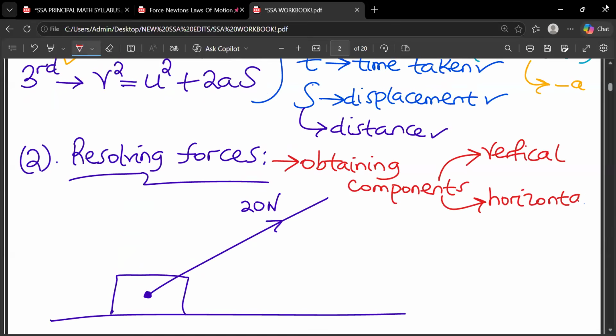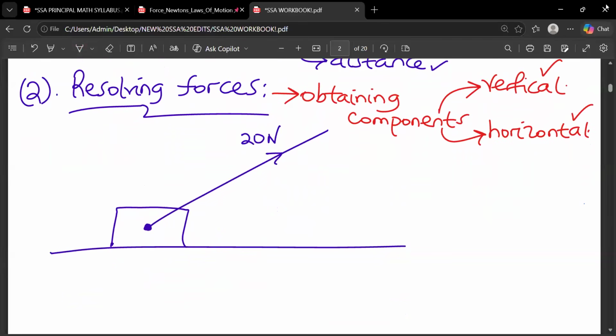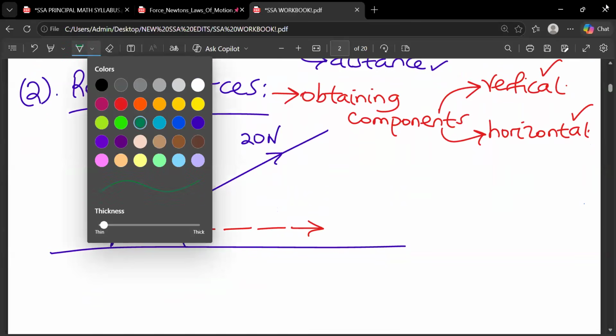That's what they call resolving. These two can later give us the resultant in one way or the other. Now, which one is the horizontal component? It will be running from the point of action of the force horizontally like that, in that direction because this is the direction of motion. Then we shall have the vertical one.